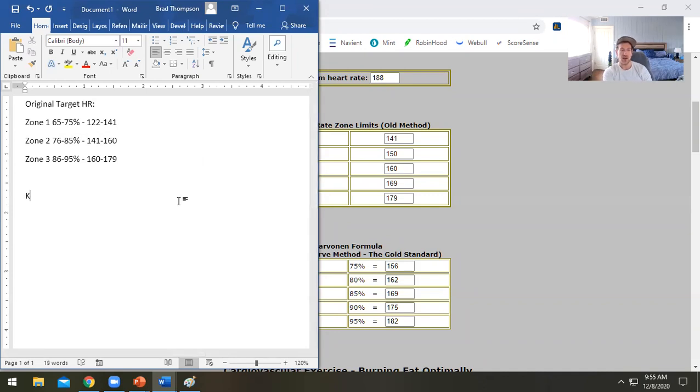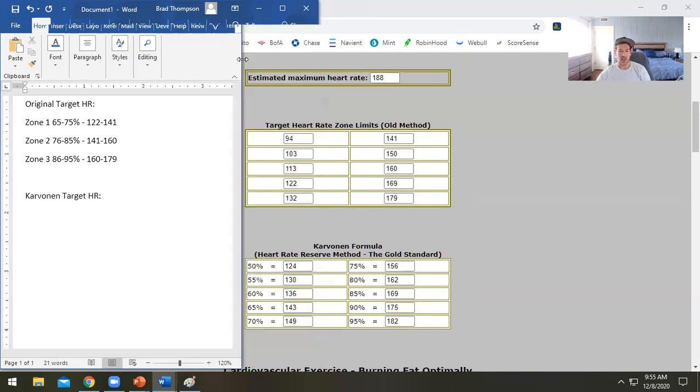So now we've got our Karvonen target heart rate zones, and they're going to be very different. My zone 1 is still 65 to 75% of my heart rate, but now it's going to be 143 up to 156.